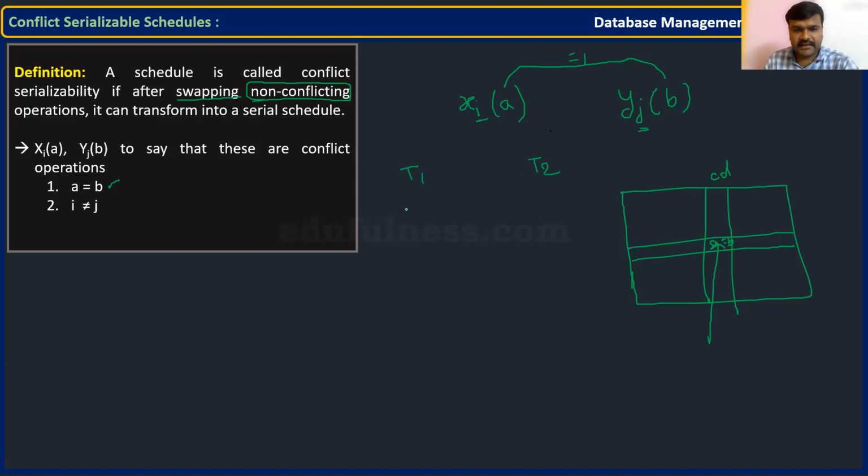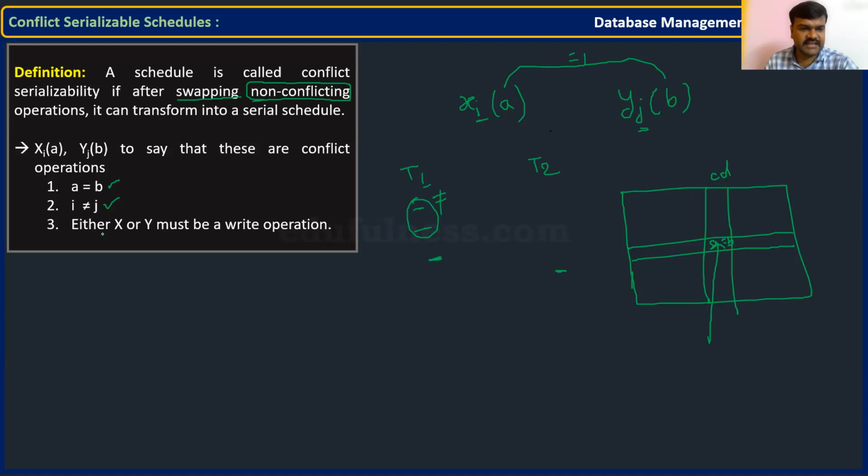The operations should not belong to the same transaction. Here T1, here also T1 would not work, but here one operation, there one operation, then i is 1, j is 2. So 1 is not equal to 2, correct. We will understand that with the example.